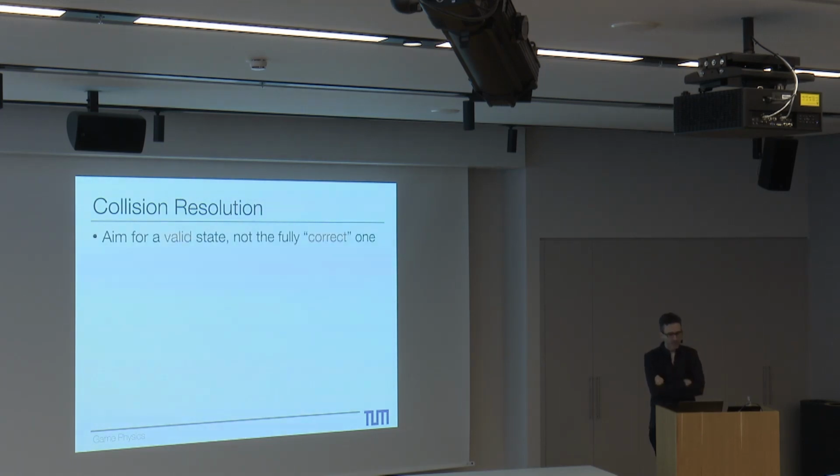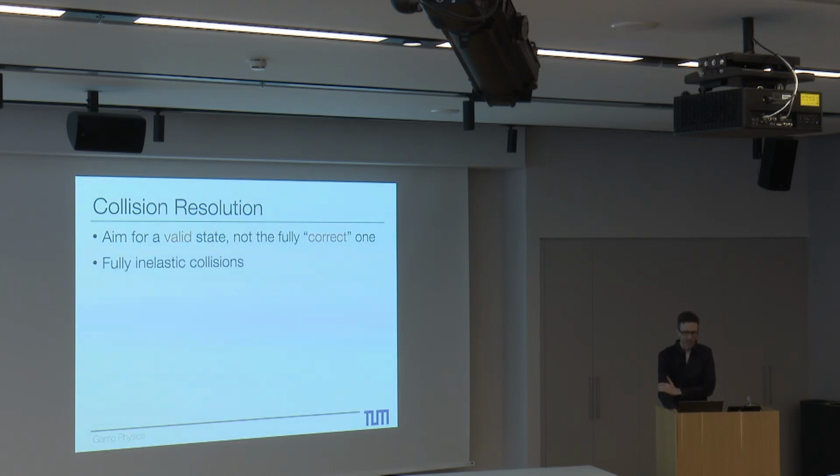So collision resolution is now happening similar to before. But in line with what we discussed, the goal is not to guarantee that we resolve everything in one go, which turned out not to be practical, but rather as much as possible.